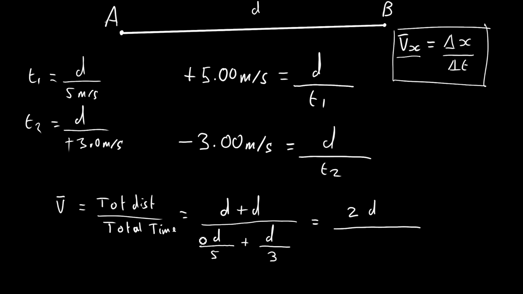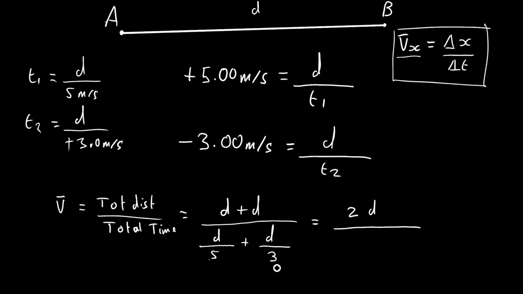Now at the bottom here, we've got a fraction that we need to add together. So we need to simplify this denominator first to make our lives a bit easier. So when we're adding fractions together, we need to find the lowest common multiple of these two numbers, 5 and 3.